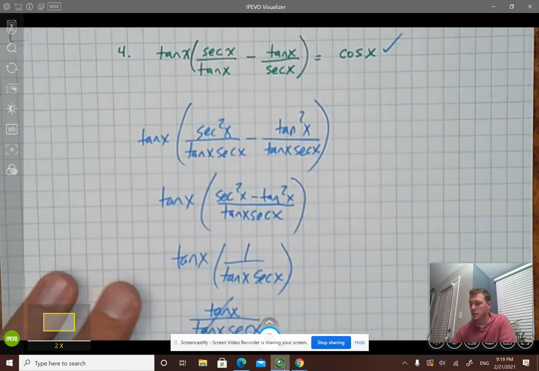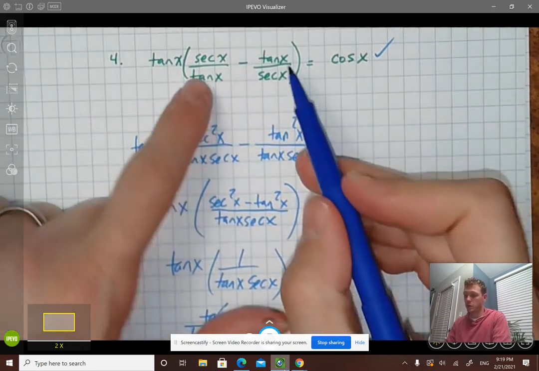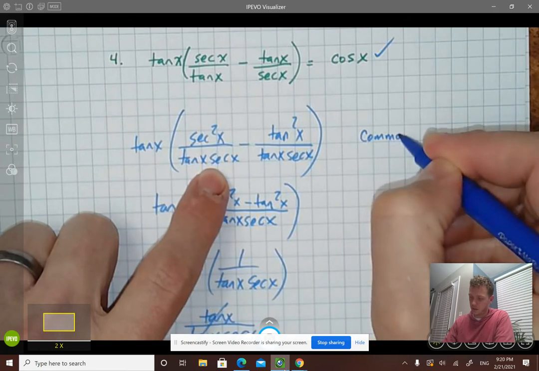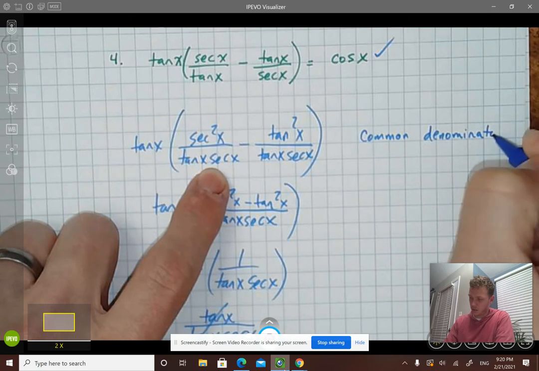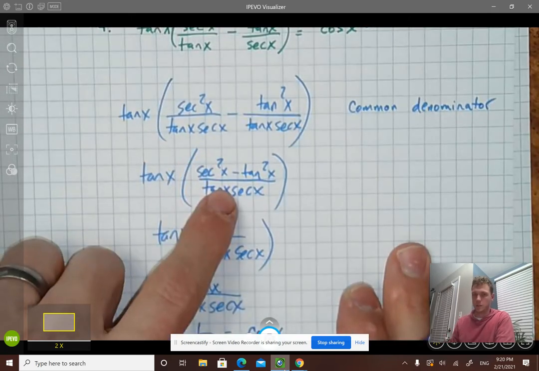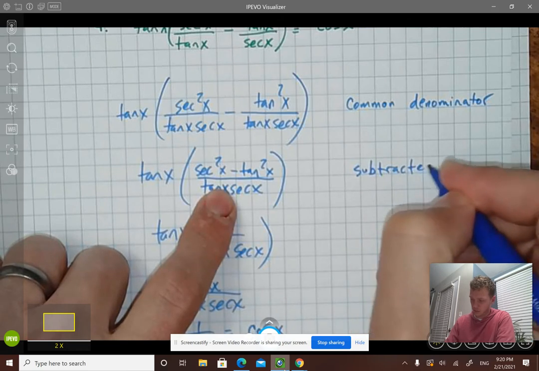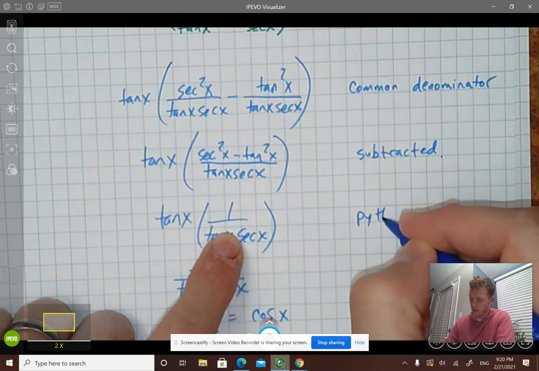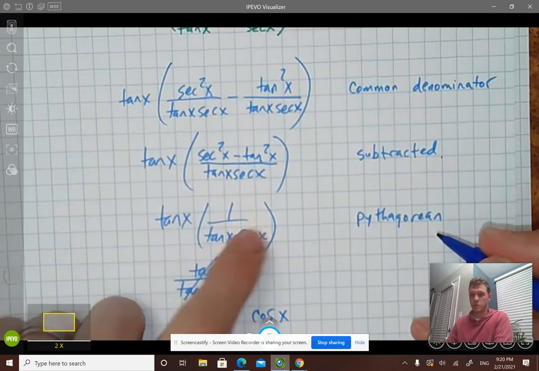So, all right, let's do a quick recap, and then that's going to be it for the notes for today. So what did we do first? We found a common denominator. Then we subtracted. We used the Pythagorean identity: secant squared of x minus tangent squared of x is equal to 1.